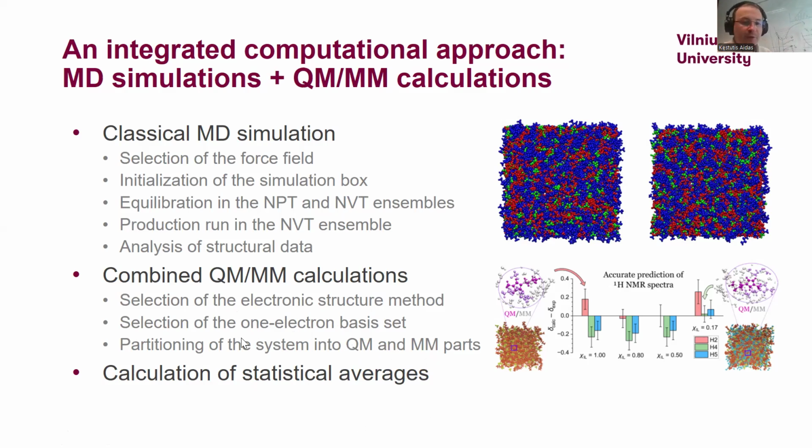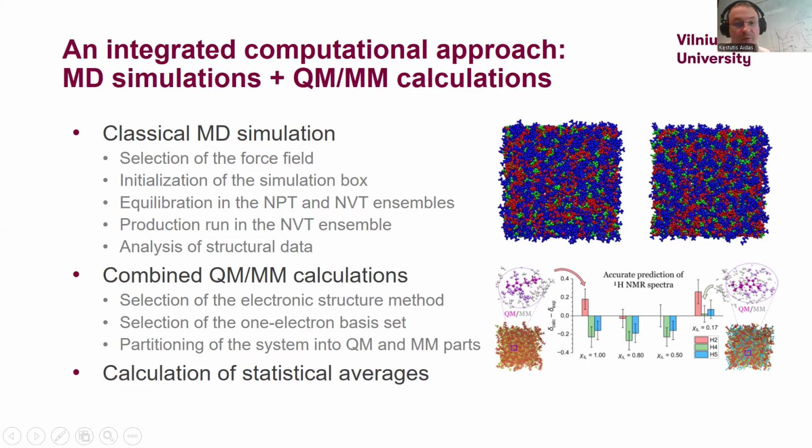And then there is this partitioning of the entire system into the QM part and the MM part. So the simplest approach is, of course, to treat only the solute molecule quantum mechanically, whereas the entire environment could be treated using this molecular mechanical potential, maybe the point charge distribution.